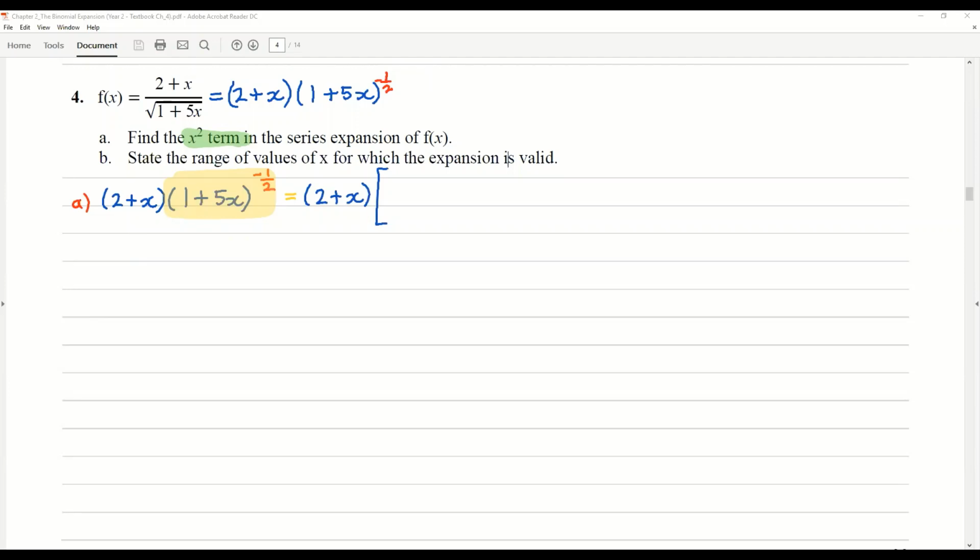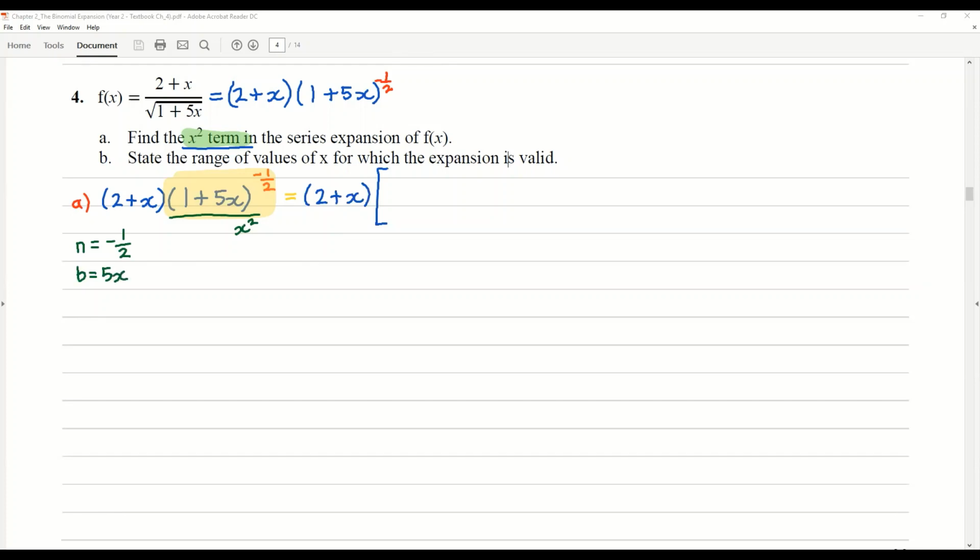And because it says in the question that we need to go up to the x squared term, it's a good idea to expand our brackets here also up to the x squared term. Okay, and you'll see why later on. So let's just write down what our n and our b are. So my n is, of course, negative 1/2, and my b is 5x.